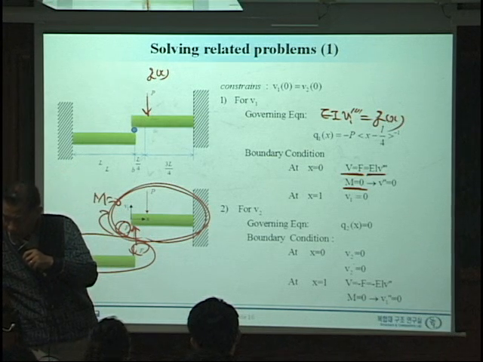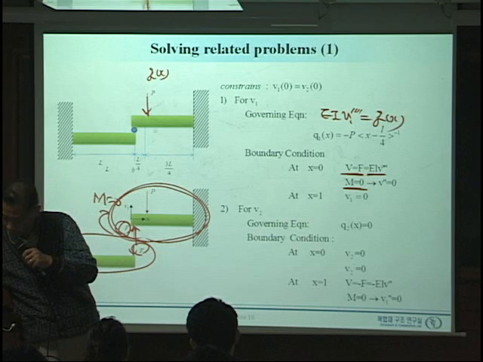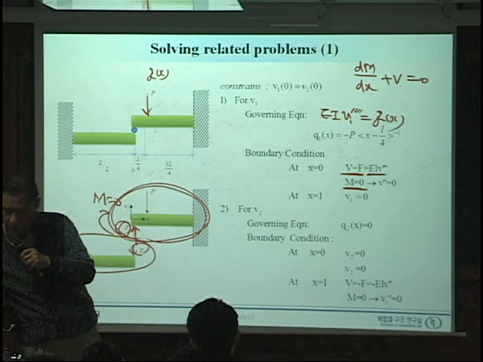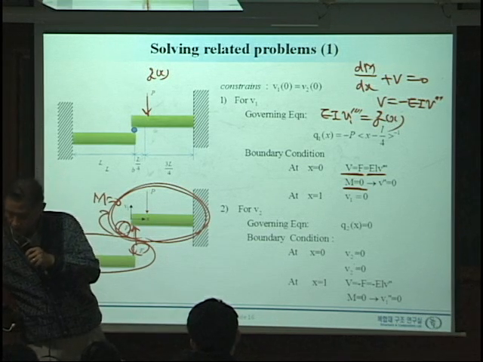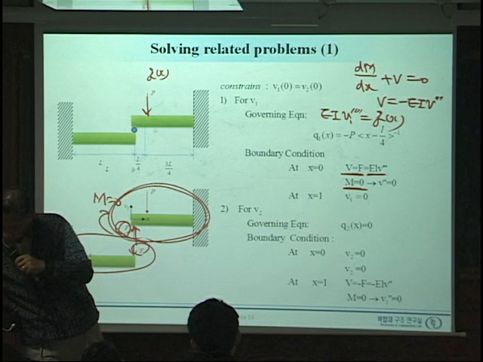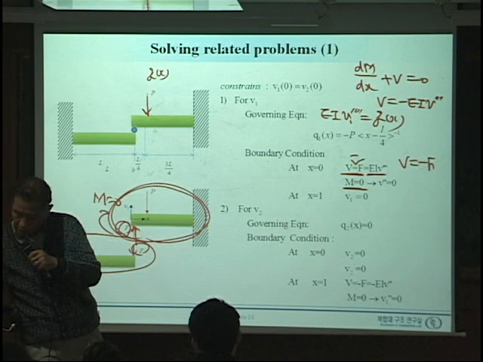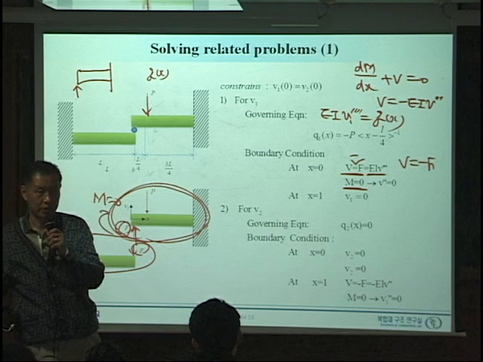And V is simply EI times the triple derivative of the deflection. Remember, dM/dx plus V equals 0. So V needs to be minus EI V1 triple prime, right? And actually V here is given as minus F. It should be minus because the force is applied upward, right?